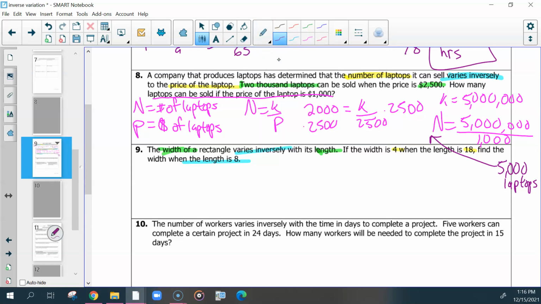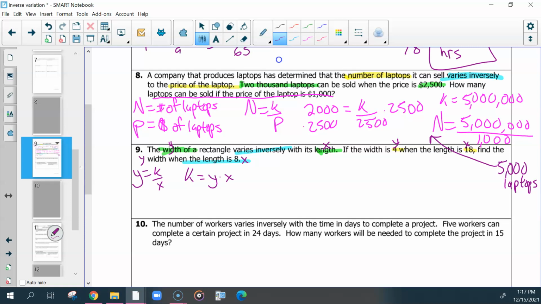So taking back what we know already, we know that y equals k over x. We also know that k equals y times x. So here, let's say our width is y and our length is x. That means this is a y, this is an x, this is an x, and we're looking for y.